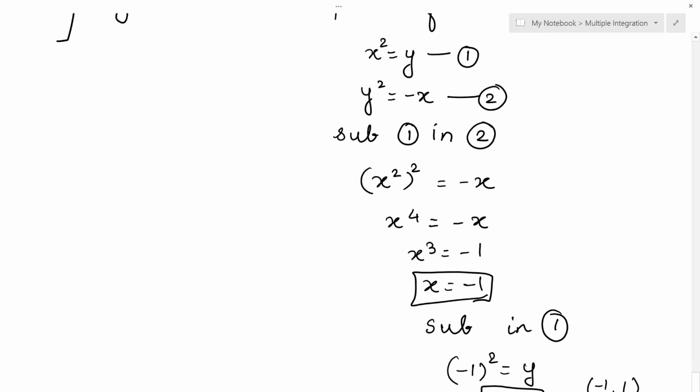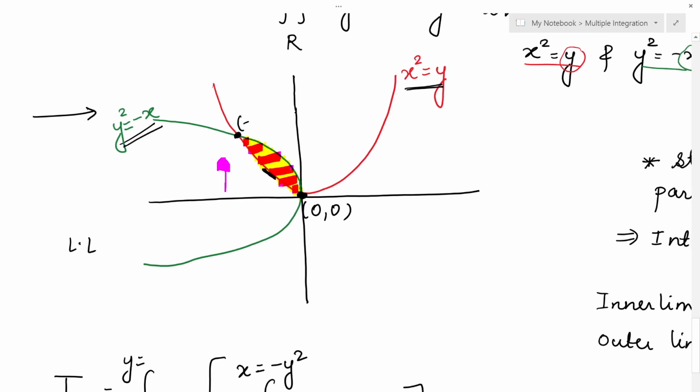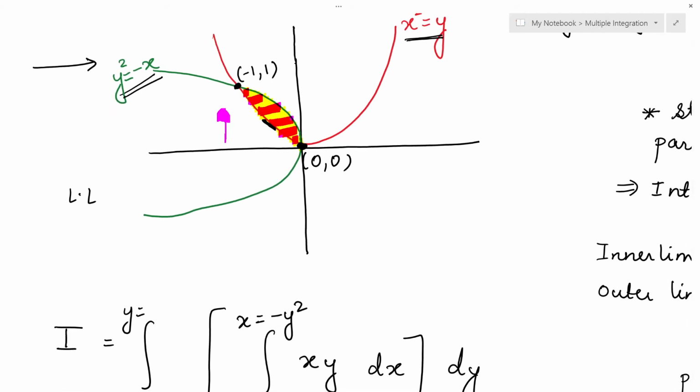So the point here will be minus 1, comma 1. Is this clear? So the lower part is 0, 0. The upper part is minus 1, comma 1. You know that since the strip is horizontal, it travels from down to up. So the down part, what you have to find?